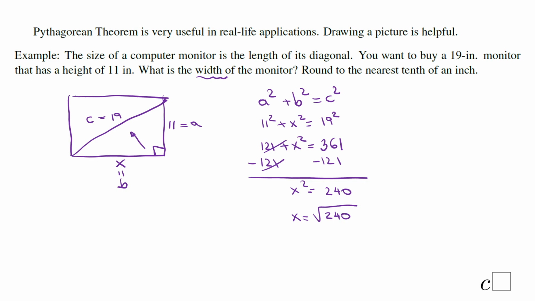And that will be 15 point, rounded to the nearest tenth of an inch, 15.5. The width is 15.5 inches. And like I said, that might be something that you need to see if you can fit in your room.